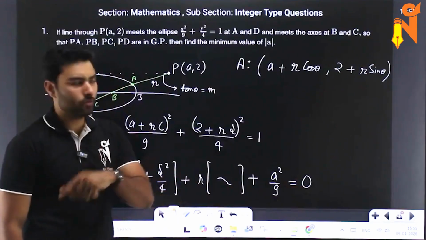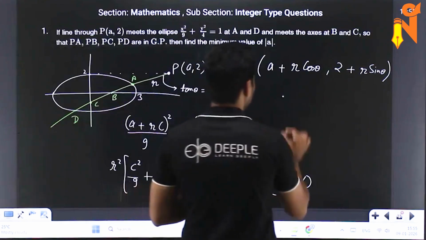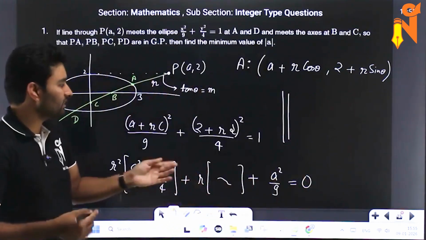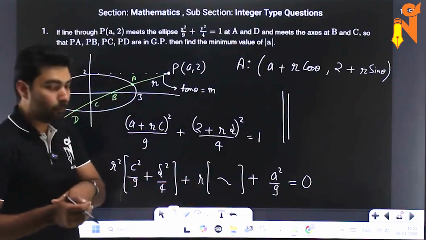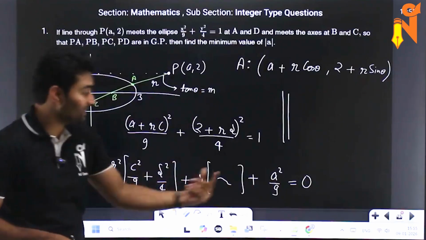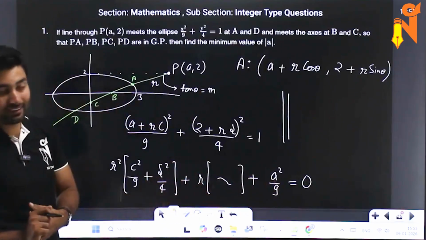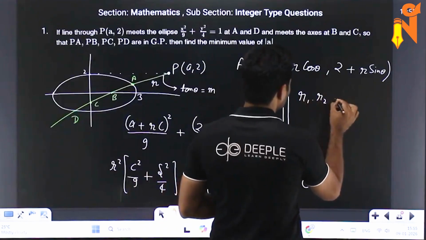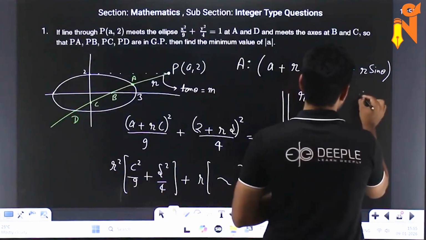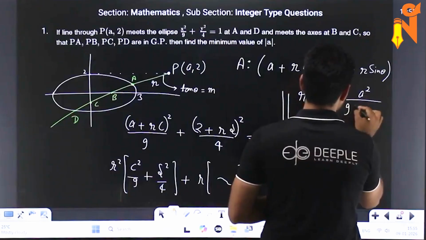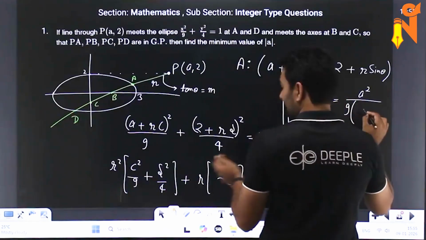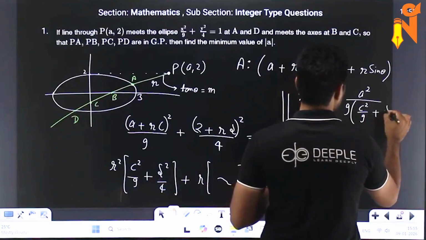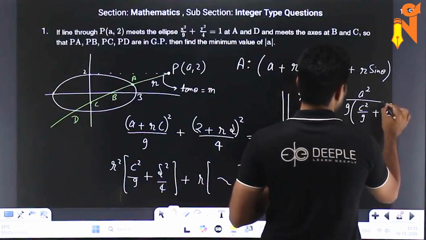Why? Because tell me, what are the roots, let's say alpha and beta. Now the multiplication of roots is c by a, right? Let's say r1 into r2 is c by a. So A square by 9 into this, basically c by a, with cos square by 9 plus sin square by 4.